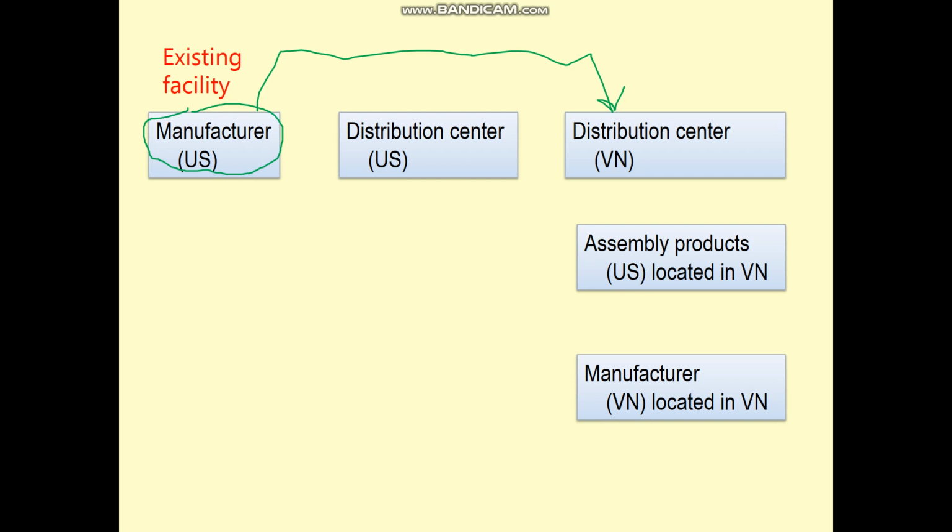The third one is local distribution and sales. The manufacturer in the US will produce the product in its existing factory, then they set up a new, this one is new, distribution center or sales force, so that the manufacturer can sell the product to the new market, that is Vietnam.